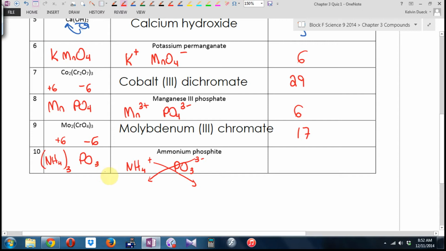PO3, I guess just 1 of them, so I'm not going to bother writing a 1. Half mark for each. How many atoms are there? Oh, good question. Inside here, there's 5 times 3, 15, 16, plus 3, total of 19.